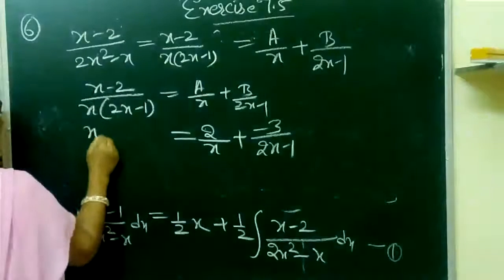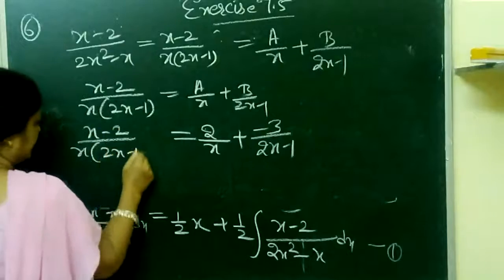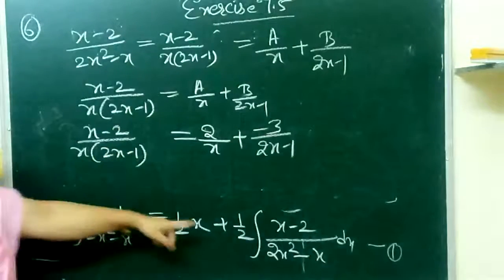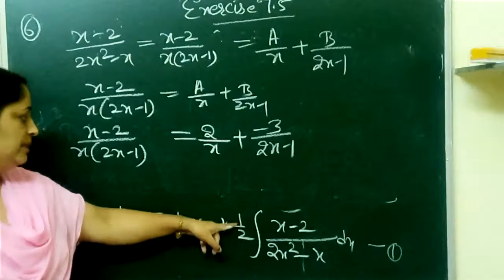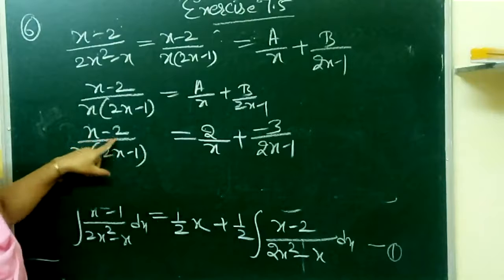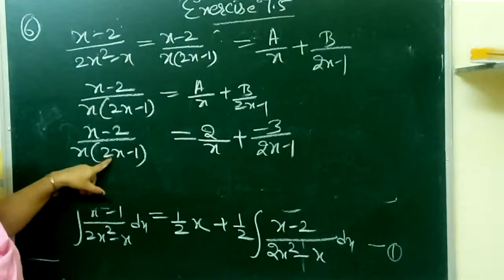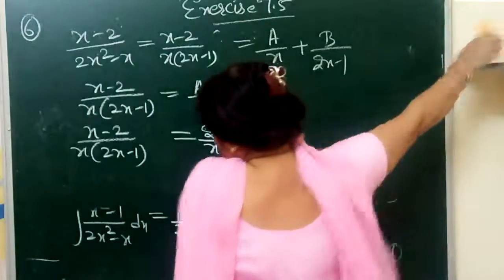Now this is the value of (x minus 2) upon x(2x minus 1). In the place of equation 1, we can put this value of (x minus 2) upon x(2x minus 1). Now put this value.